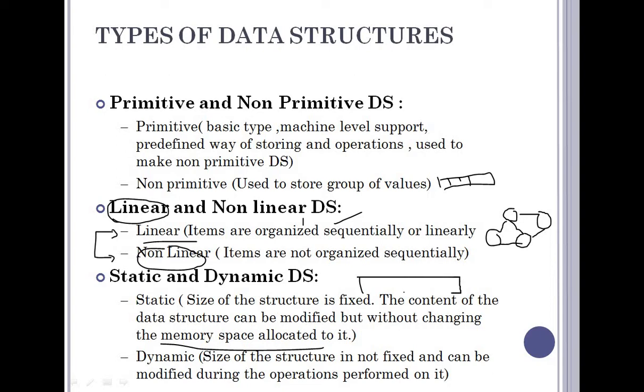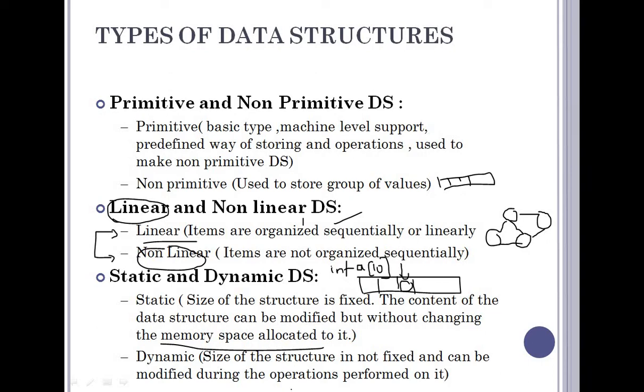In the array, suppose I want to access the second element, I can access it or I can modify it, but I cannot change the memory allocated to that array. So if I have declared an integer array a of 10, the memory for 10 integer elements is allocated. I cannot change the memory allocation of the array. So it falls into the static data structure type.